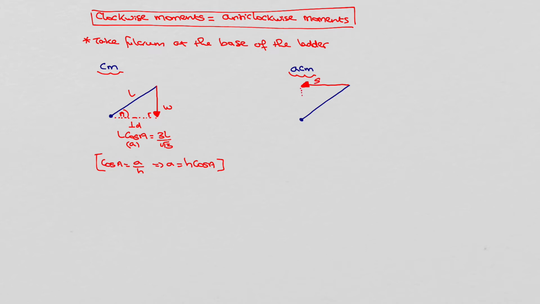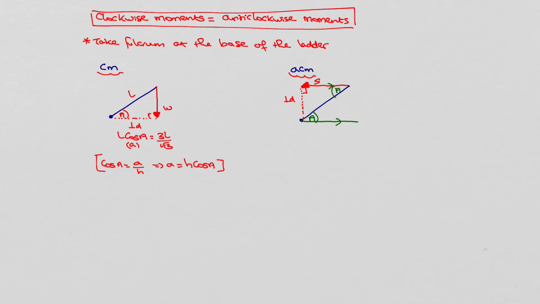So for my perpendicular distance to the fulcrum, we have to mark in the horizontal here, where that's our angle A, and from two parallel lines we have alternate angles, so this perpendicular distance is going to be the opposite this time. 2L is the length of our ladder, because we're going from the fulcrum to the wall, and that's our hypotenuse.